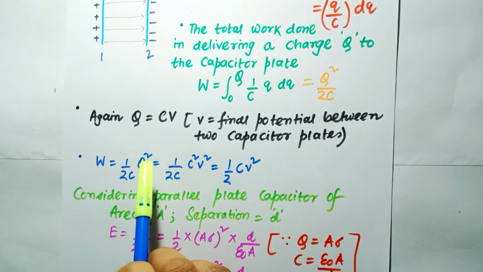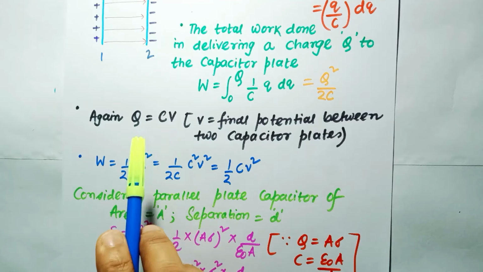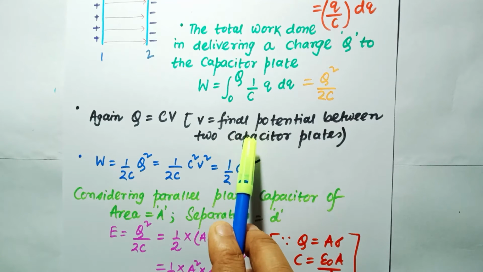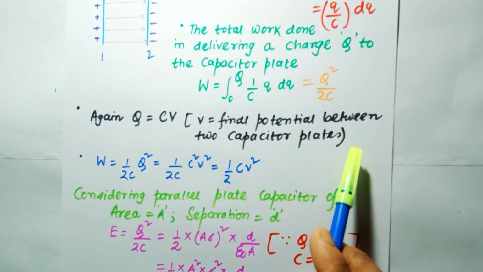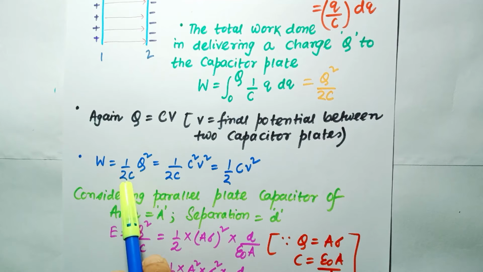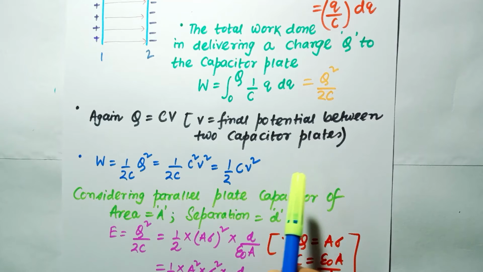This is the final stored charge in the capacitor, so Q is equal to CV, where V is the final potential between the two capacitor plates. If I put Q is equal to CV, then W is equal to Q square by 2C becomes 1 by 2C times C square V square. So the final expression looks like half C V square.